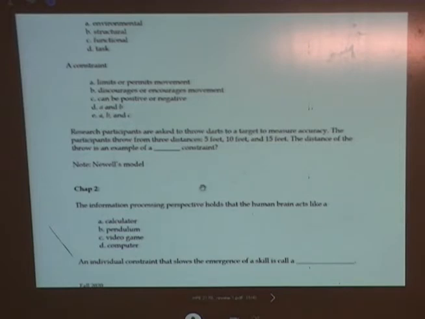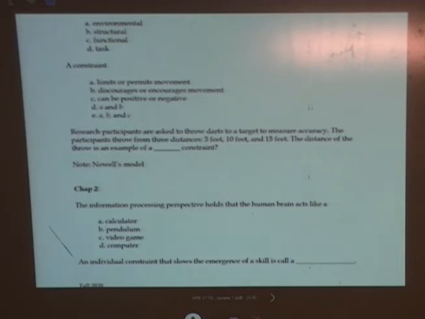Excellent. All right. Anyone can jump in here. Research participants are asked to throw darts to a target to measure accuracy. The participants throw from 3 distances: 5 feet, 10 feet, 15 feet. The distance of the throw is an example of... Would this be a task constraint? I believe so, yes.